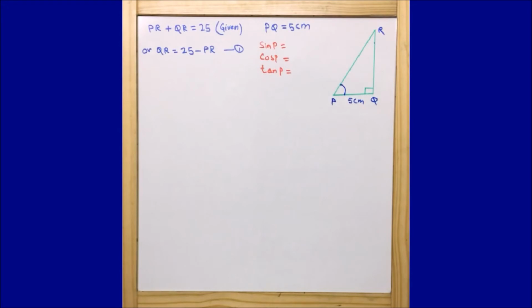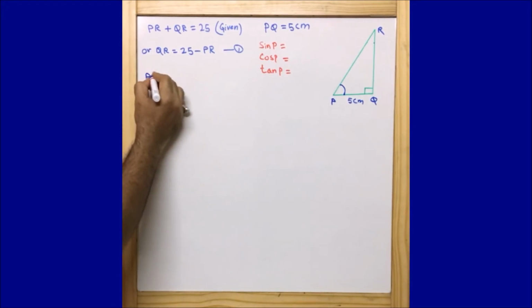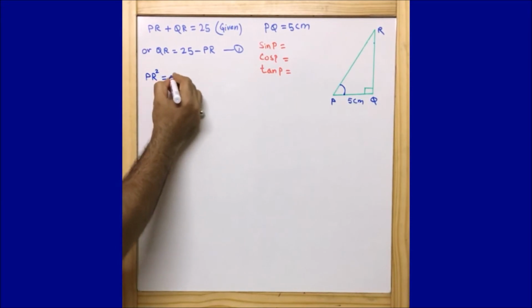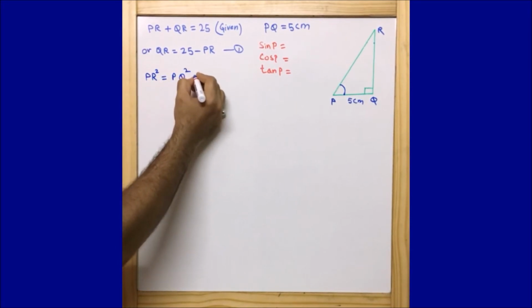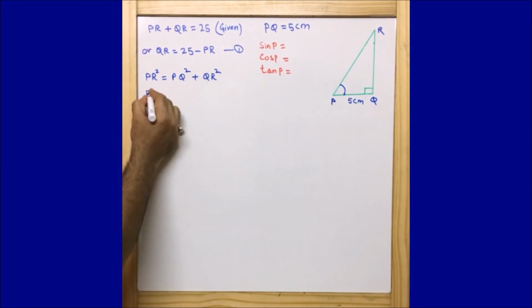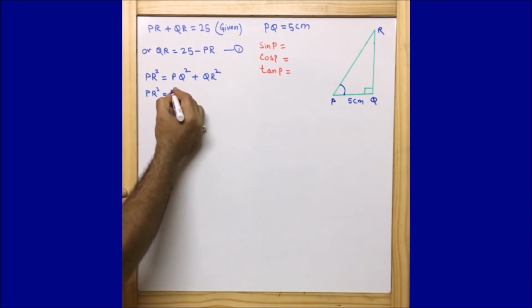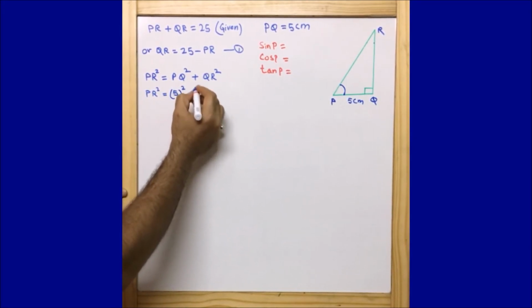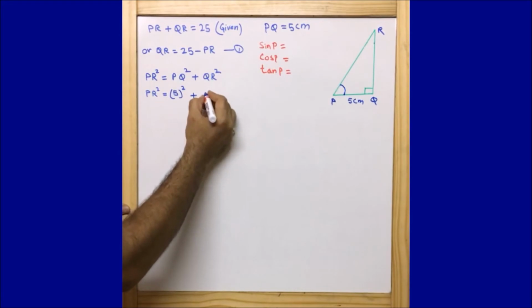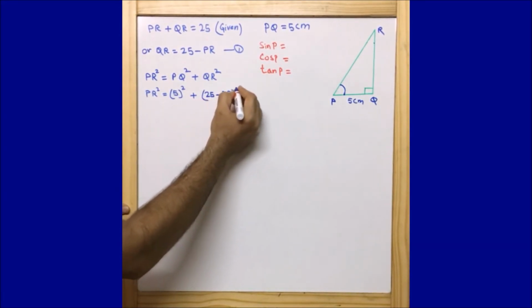So what is PR? Applying Pythagoras theorem, I can write PR square is equal to PQ square plus QR square, or I can write PR square is equal to 5 square plus QR square, which is nothing but 25 minus PR square.